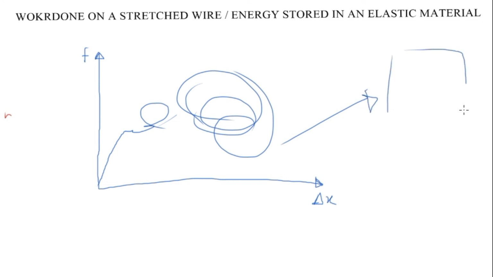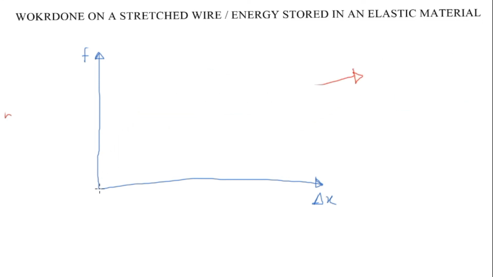Check this video. Suppose that the elastic limit is not exceeded, it means that I will just have a linear relationship. I explained it in that video. Since the elastic limit is not exceeded, then I will have something of this nature.